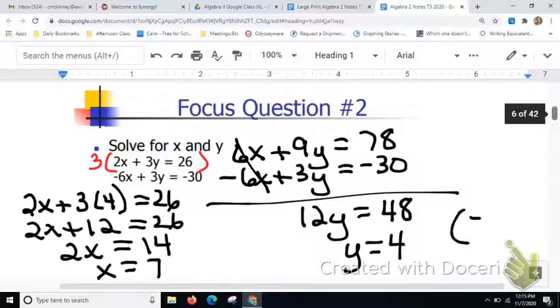So 7, 4 is our same solution that we got doing it the other way. So whether you eliminate x and find y first, or you eliminate y and find x first, our final solutions, if we've done it correctly, are going to be the same.